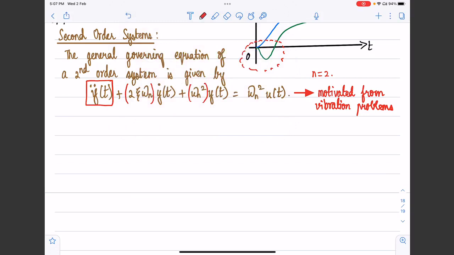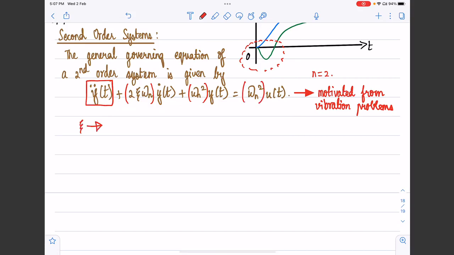The reason why we are taking this specific format, as I mentioned, is that this equation is motivated from vibration problems. Similarly, on the right-hand side, the input u of t is multiplied by the parameter omega n squared, right? So what are these parameters?